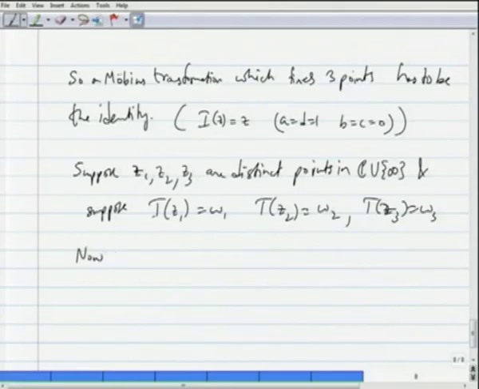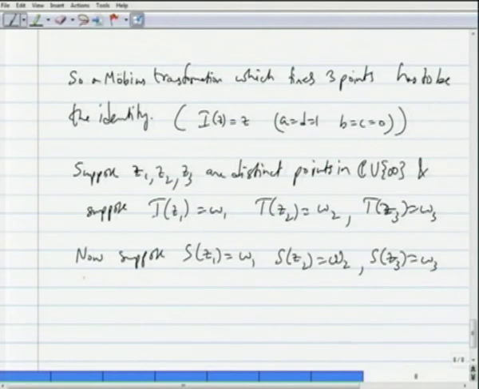Now, suppose S also has this property. So, suppose S of Z 1 is also equal to W 1, S of Z 2 is equal to W 2 and S of Z 3 is equal to W 3.